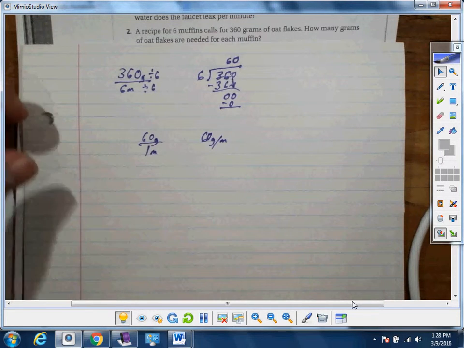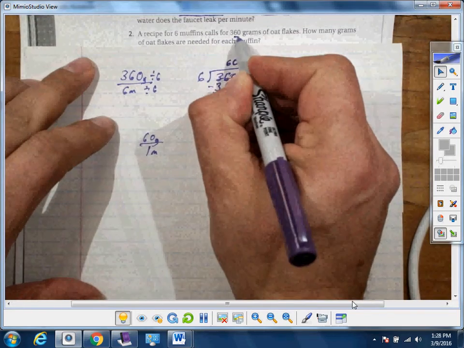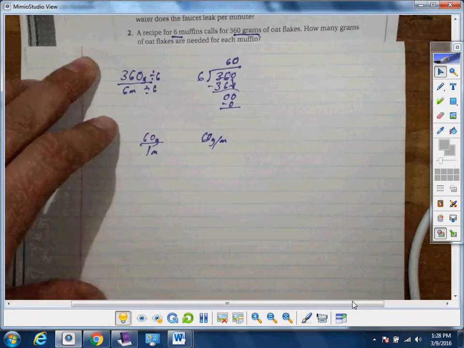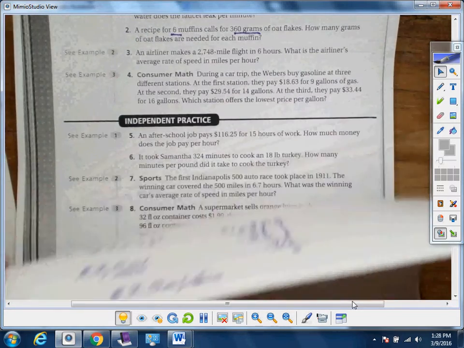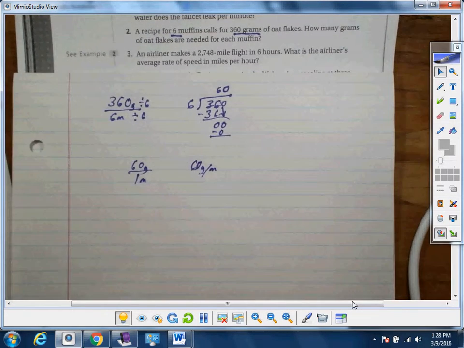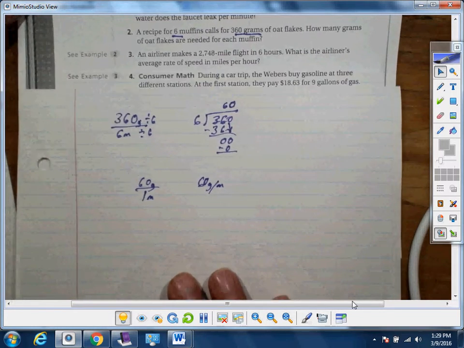All right, so this last one we're going to do, we're going to do a we do on the third one. Oh, this is finding average. Okay, so if we're going to try to find average speed, let's do two.